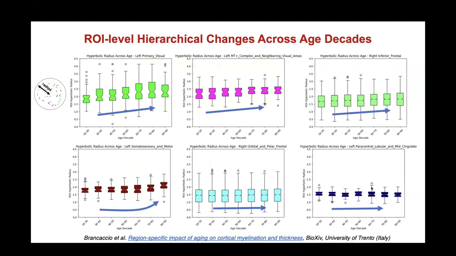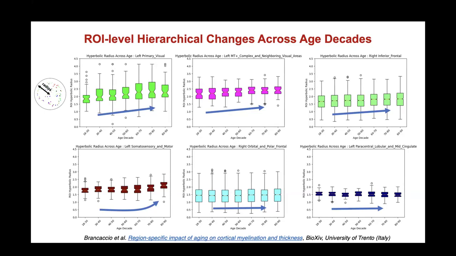And this is more detailed results based on the ROI, the regional of interest level hierarchical changes across age decades for 6 different subnetworks. We can see the interesting finding in this project is some sensory and motor subnetworks maintain the hierarchical radius until 60 years old, and after 60, 70 years old, it exponentially grows.